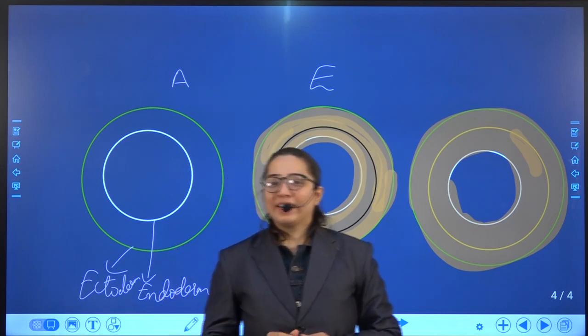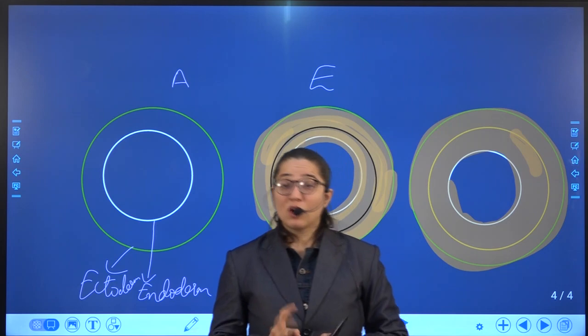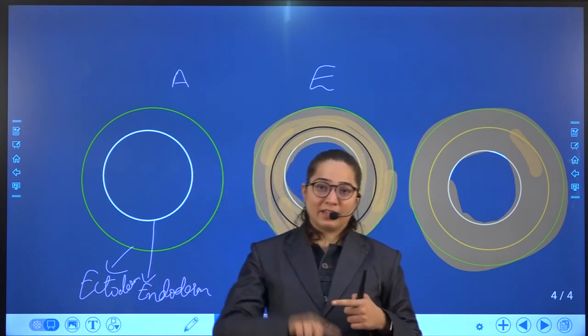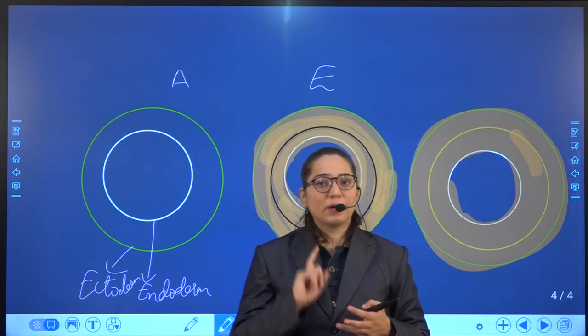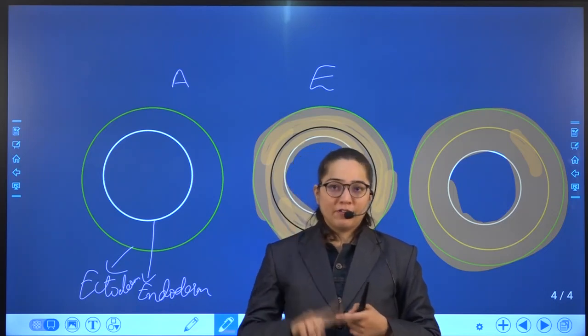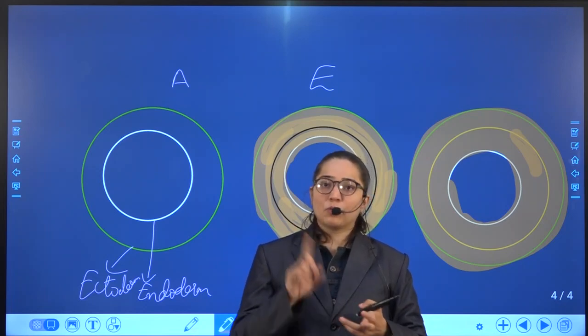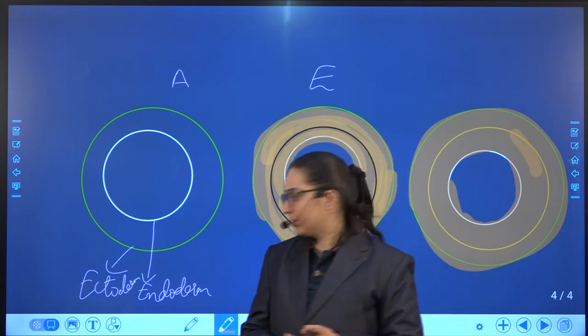But in the meantime, try to memorize the nine phyla: Porifera, Coelenterata, Platyhelminthes, Nematoda, Annelida, Arthropoda, Mollusca, Echinodermata, and Chordata.